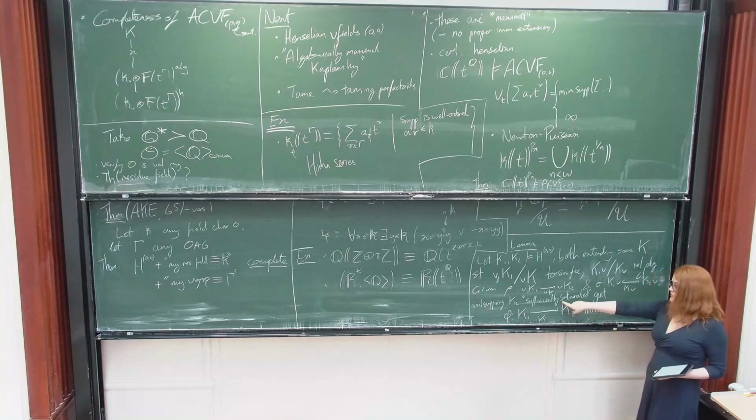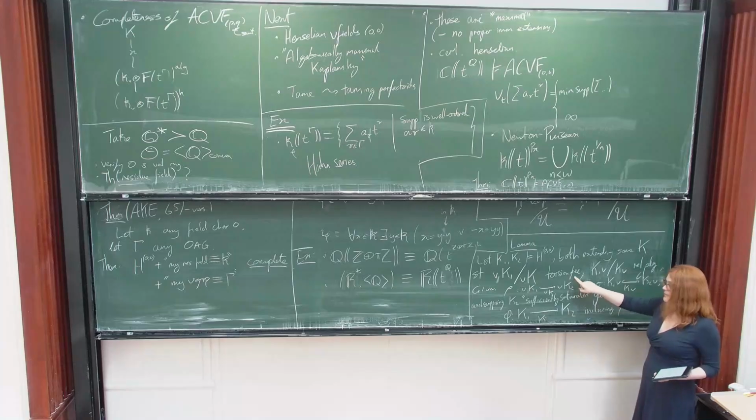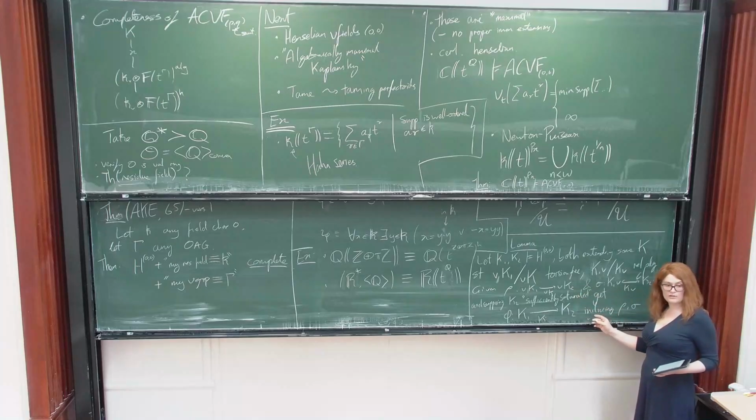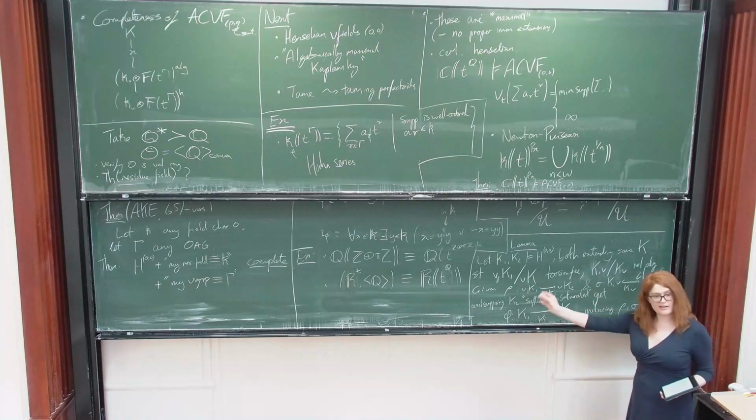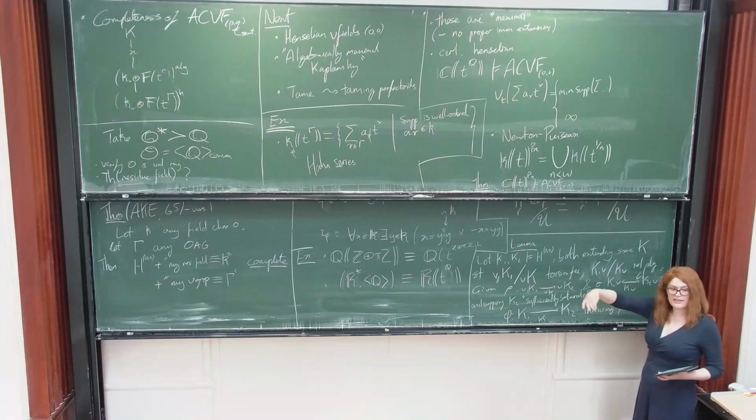Now, I haven't told you what sufficiently saturated is, but what it really means is that there exists some elementary extension of K2 which, if I then replace K2 by that, it all works. So, up to this kind of blowing up to a slightly bigger but logically equivalent extension.